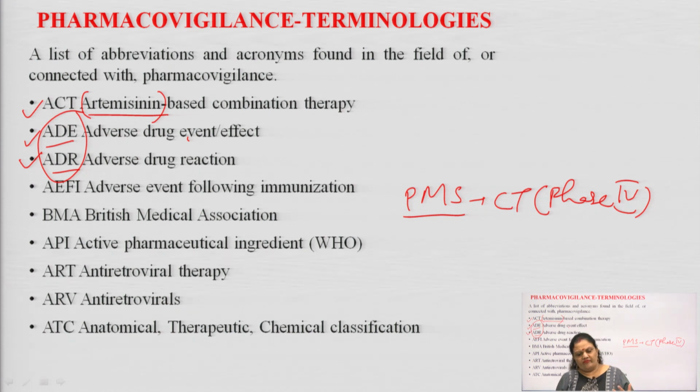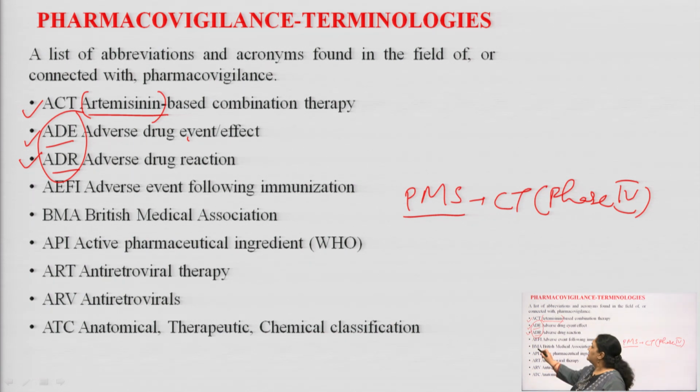Sometimes we feel dizziness, drowsiness, or I slip on the stairs. This is not related to the antipyretic drug or the paracetamol I took in the morning. It is an adverse drug event, which is not directly associated with the therapeutic or pharmacological nature of the active moiety of the drug. So this is the basic difference between adverse drug event and adverse drug reaction.